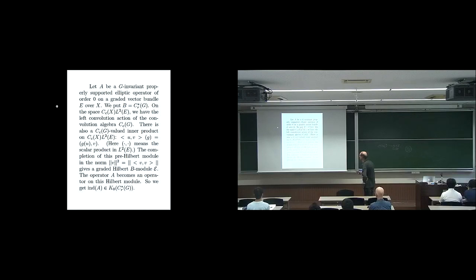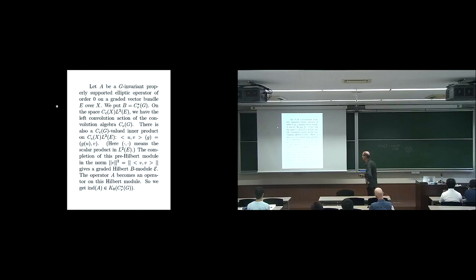So we take the convolution algebra. It acts on this space of functions. On this space of functions, we have an inner product with values in the convolution algebra. It's defined like this.